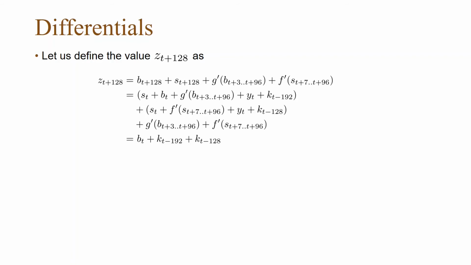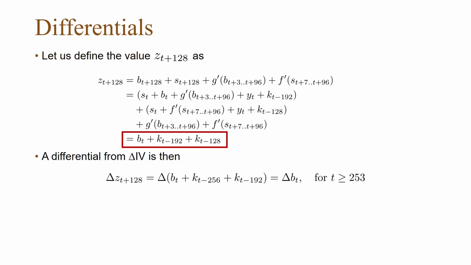If we expand this function, we can see that this will equal 1 bit of the NFSR, bt, plus 2 key bits. If we initialize the cipher with a fixed key but 2 different IVs, we can now find the differential delta Z(t+128), which will be delta of the NFSR bit bt plus 2 key bits.